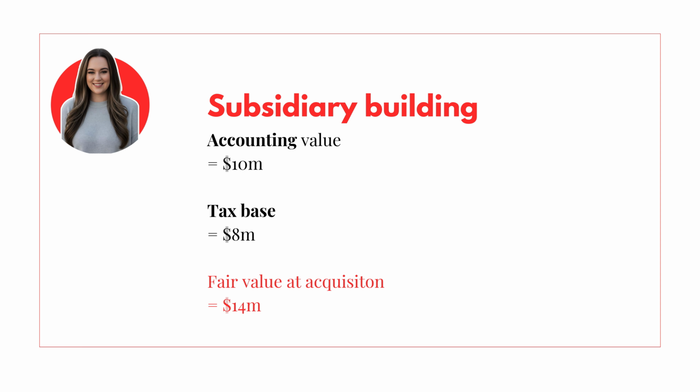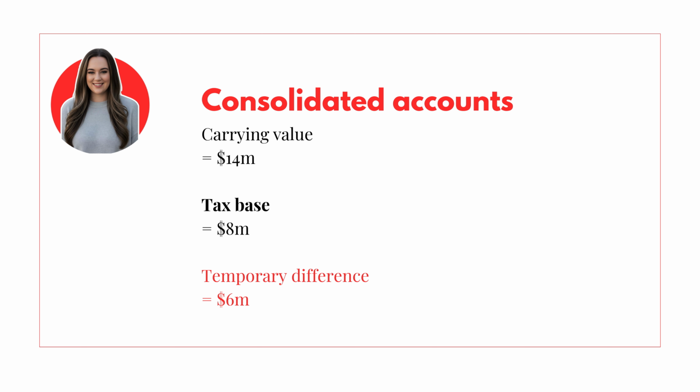However, now the group acquires that company, and IFRS requires the building is measured at fair value, which is 14 million. So on consolidation, we're going to increase that building from 10 to 14. However, the tax authorities still see the asset based on the tax records, and that tax base is 8 million.